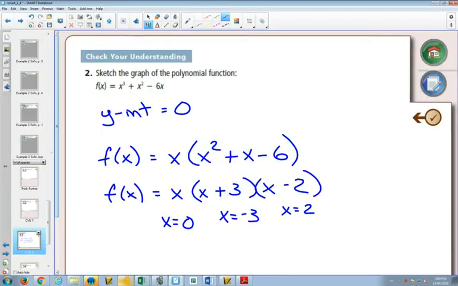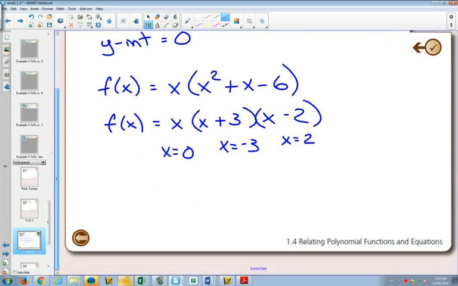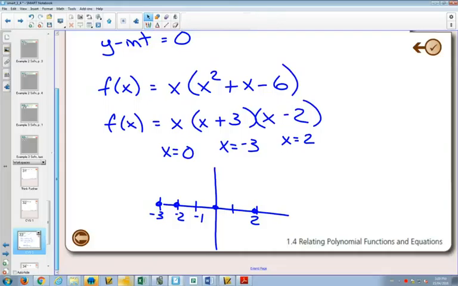This is an x-cubed graph, which is an odd function. Does it make sense that your end behavior is going to act like a line, and because the leading coefficient is positive, it's going to act like a positive line? So now when we go to graph this one, we've got 0, -3, oops, not -2, 2.